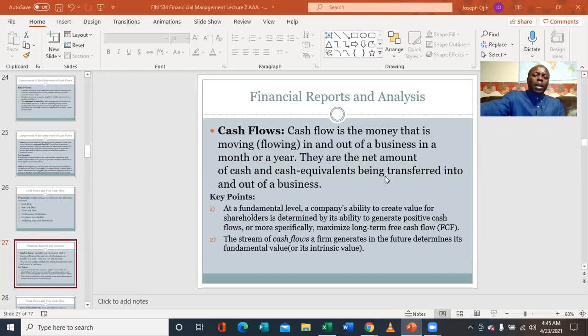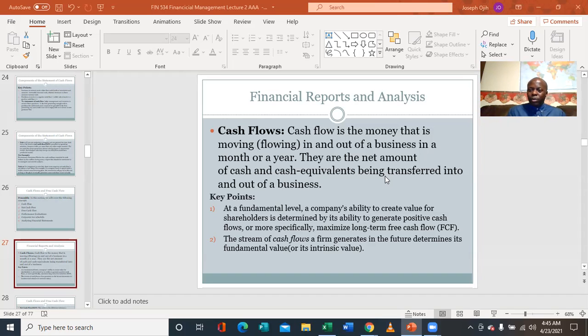Now, this is very important because a company's ability to create value for shareholders is very fundamental, and that is determined by the company's ability to generate positive cash flow. Just like you on a personal level, if the amount you are making is less than the bills that you have, you'll be in trouble. The same thing with the company.